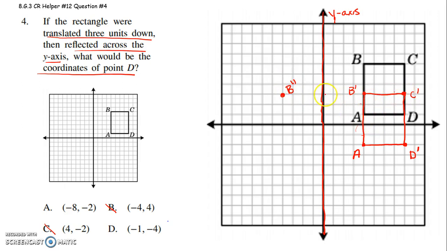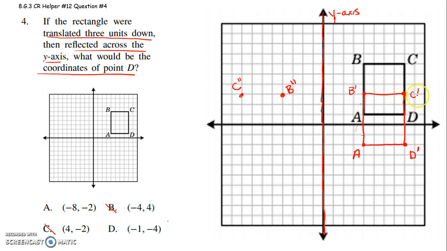If C prime is 1, 2, 3, 4, 5, 6, 7, 8 units to the right, then C double prime will be 1, 2, 3, 4, 5, 6, 7, 8 units to the left. And you'll see if this side length was 1, 2, 3, 4, even after we reflect it, it's still 1, 2, 3, 4. But now it's going to have opposite orientation.